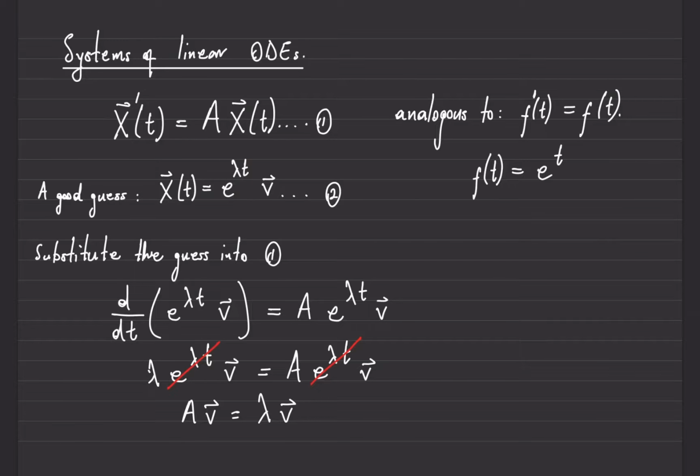Why must it look like this? It must look like this because this function is proportional to itself. We're basically drawing inspiration from this. So it must have this kind of e to the t included in order to behave this way.